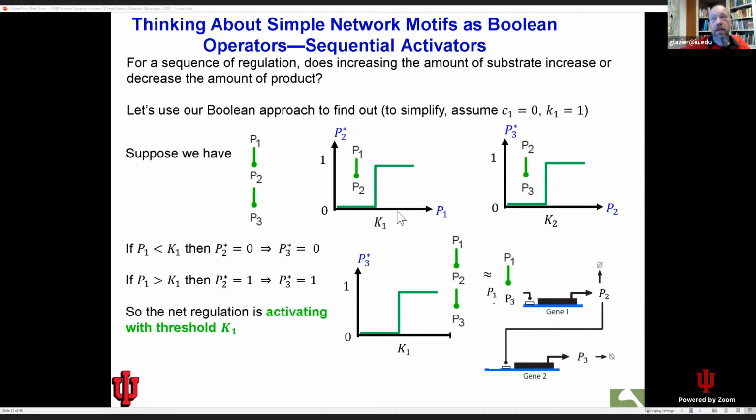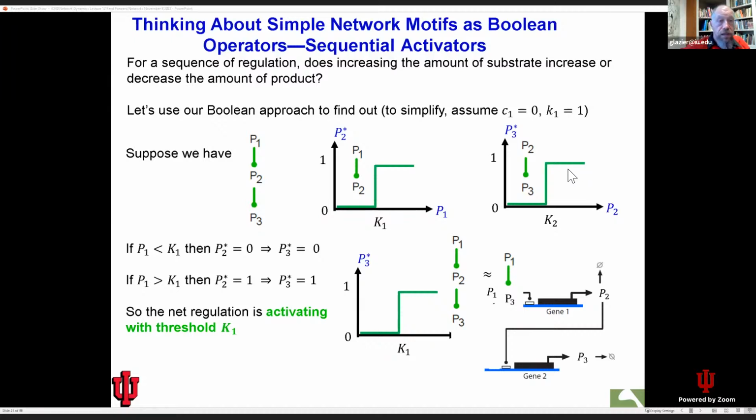If P1 is bigger than K1, P2 star is 1. 1 is bigger than K2, which means that P3 star is 1. So the logic is if P1 is 0, P2 is 0, which means P3 is 0. If P1 is 1, P2 is 1, which means P3 is 1. So that's the Boolean interpretation of this.